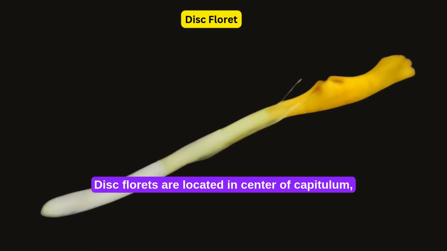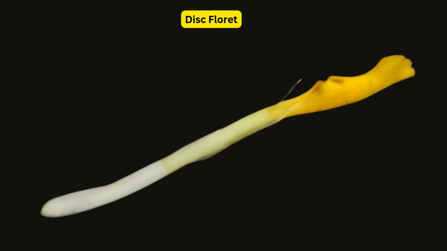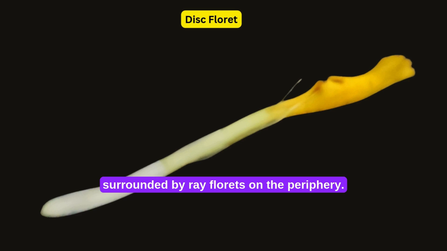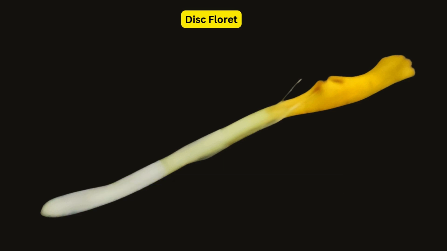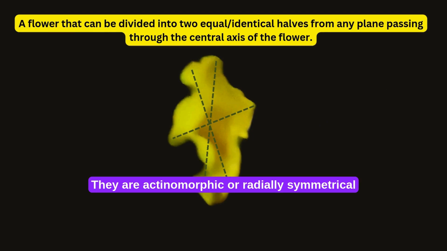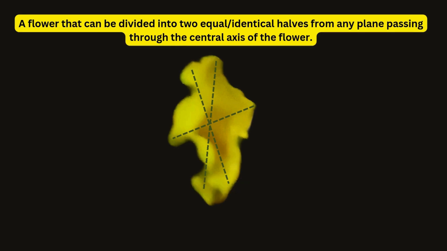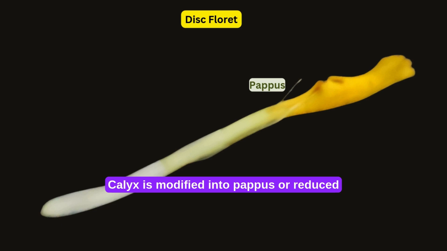Disc florets are located in the center of the capitulum, surrounded by ray florets on the periphery. They are actinomorphic or radially symmetrical, with multiple planes of symmetry. Calyx is modified into pappus or reduced to tiny hairs or scales, or may be entirely absent.